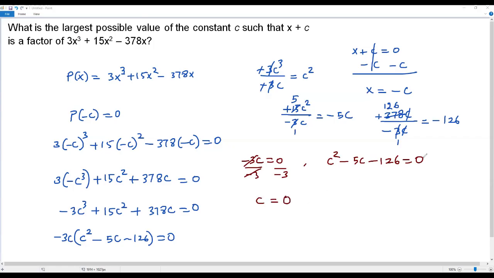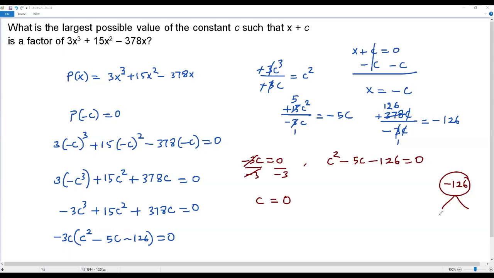To solve this quadratic equation, I think it can be solved by factoring. I multiply the constant −126 by the coefficient of c², which is 1, giving −126. Now I need two factors whose product is −126 and whose sum is the coefficient of c, −5.